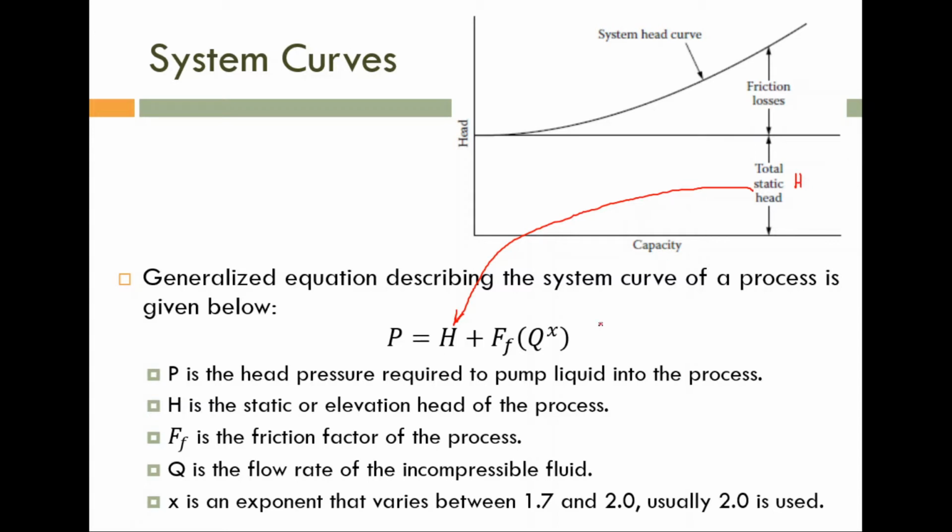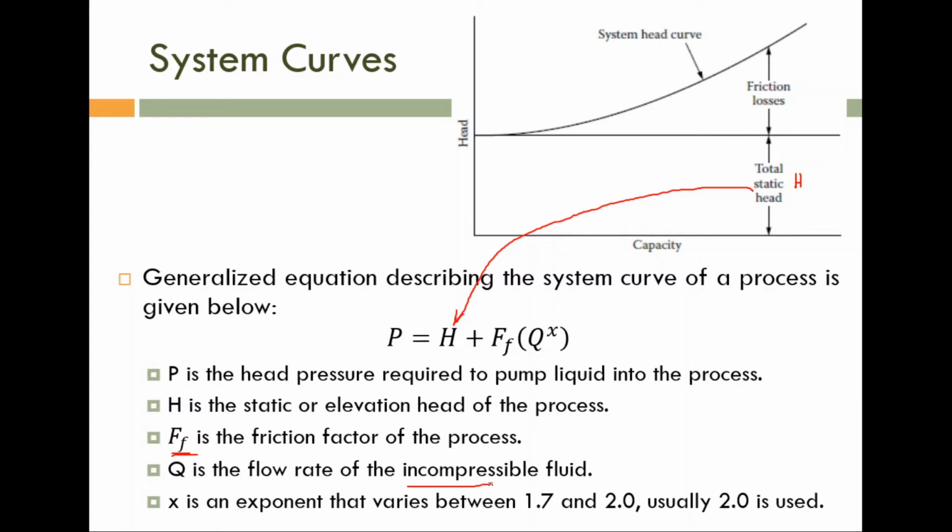And it has the friction loss, Ff times q raised to x, where capital Ff is the friction factor of the process, and q is the flow rate of that incompressible liquid. This is very important.